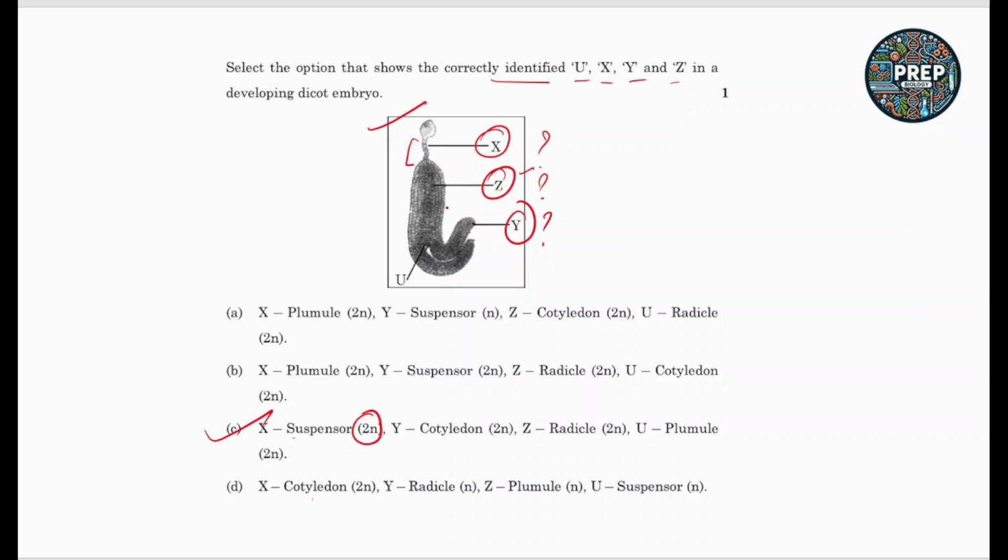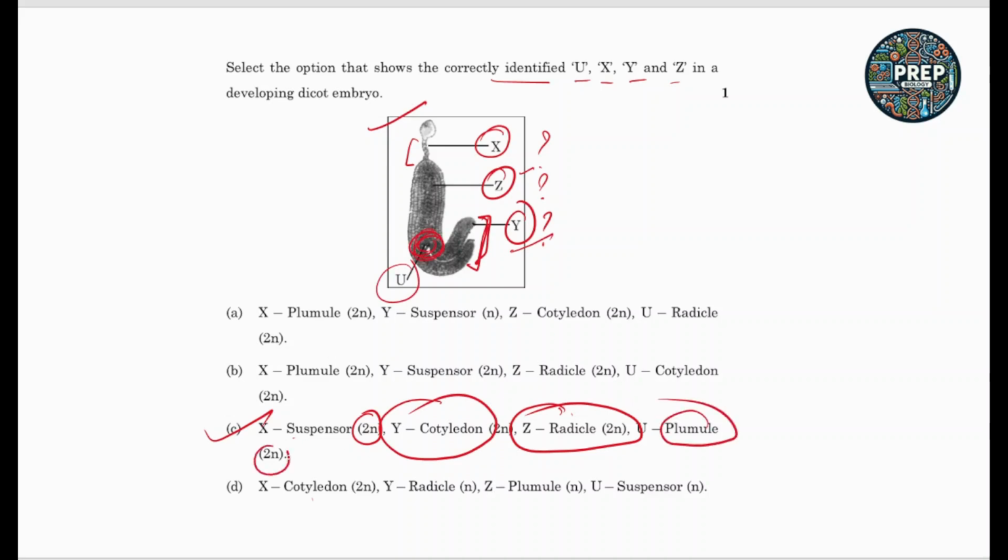Z is the radicle, which is also diploid. These are dicots, so two cotyledons are there. Y is the cotyledon and U is the plumule. This point is the plumule, which is diploid. So the answer is C.